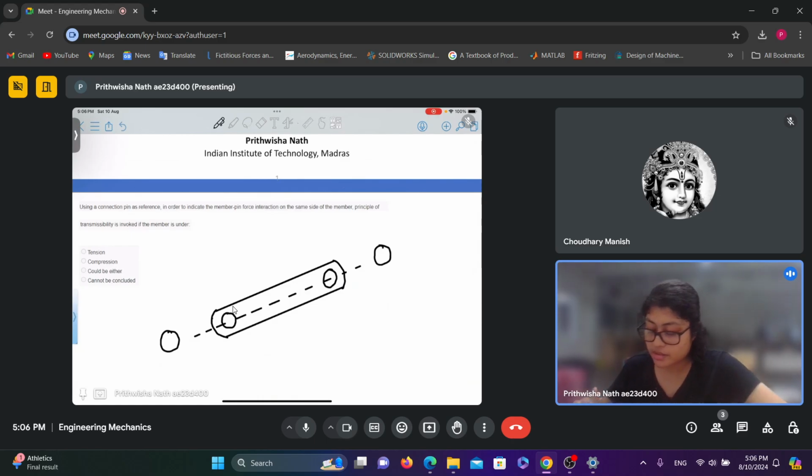So if the member is under tension, the force on the member will act like this. And similarly, the force on the pin should act here.